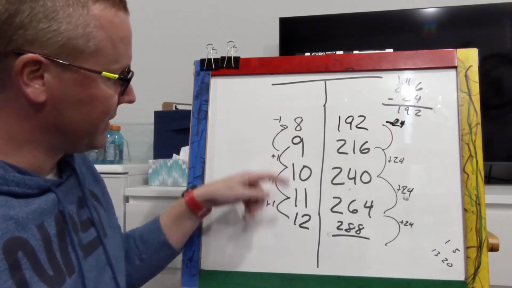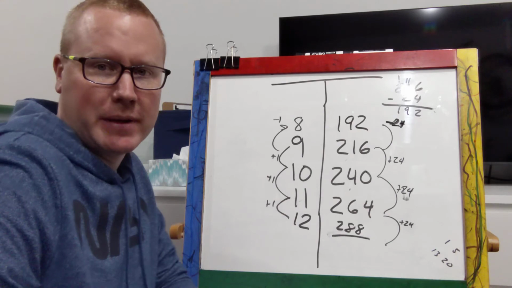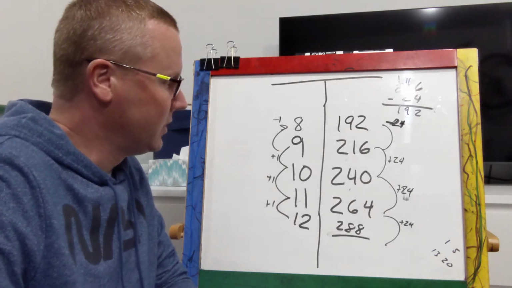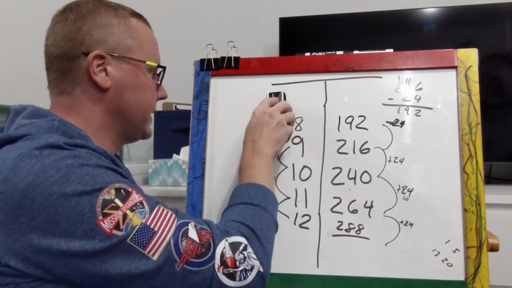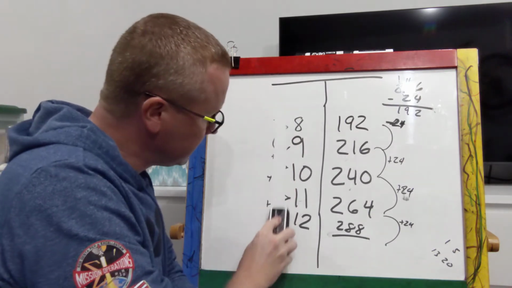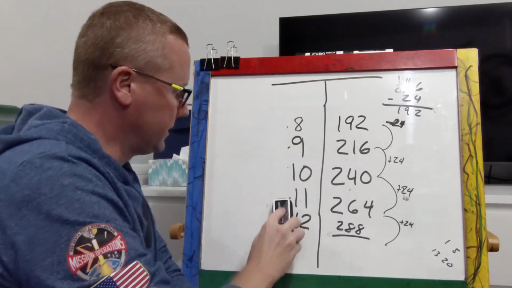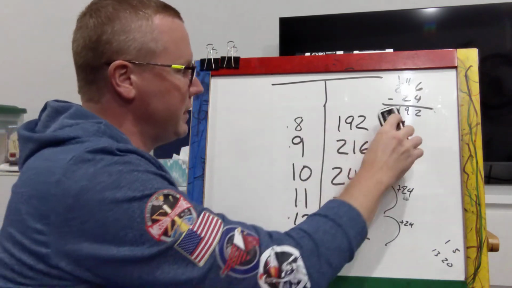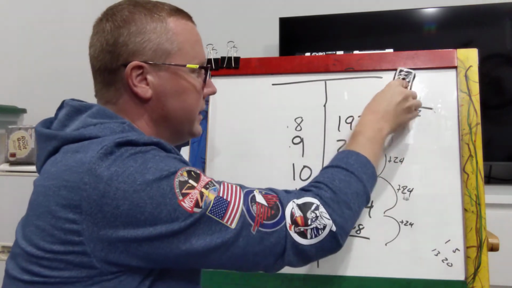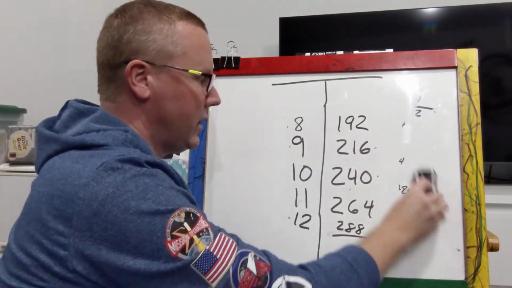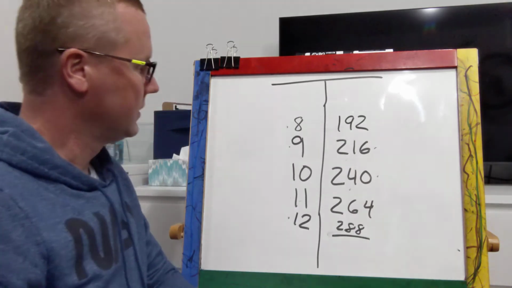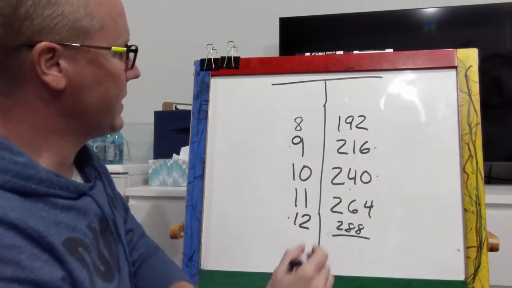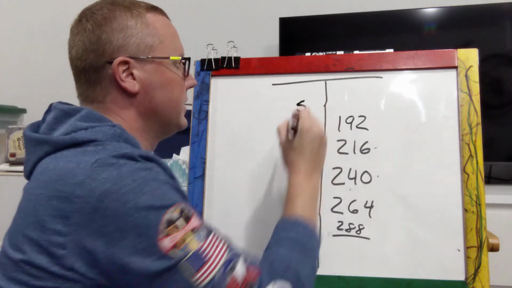Well, that's pretty good, but going up and down by just a little bit is kind of slow sometimes. What if I wanted to know, and I'm going to erase this here so we can see, I have some jumps that we should be able to make that are kind of quick. And I'm going to ask you how I would do that. What if I wanted to go to 5?